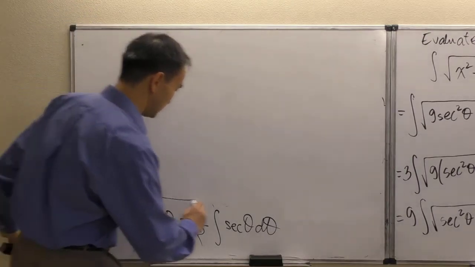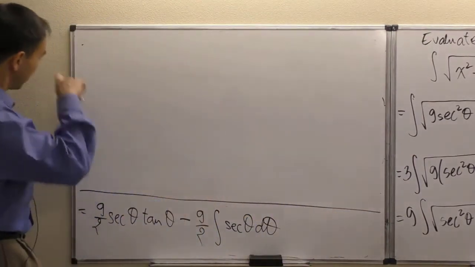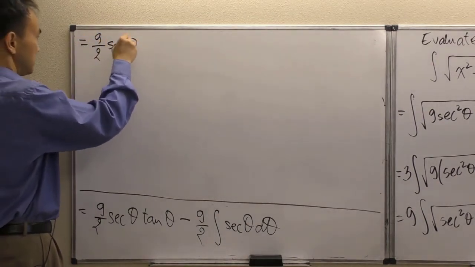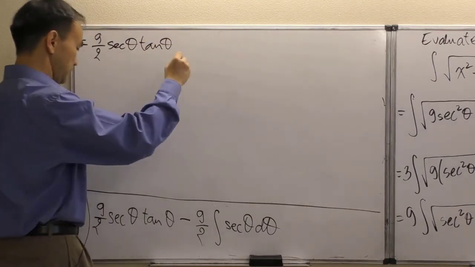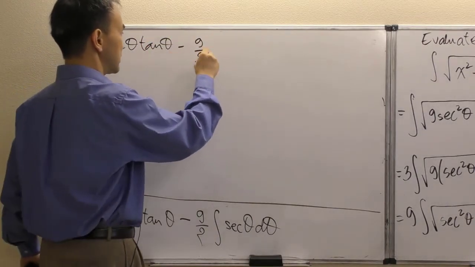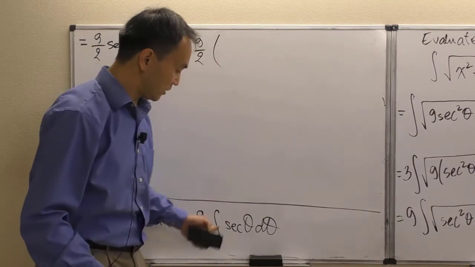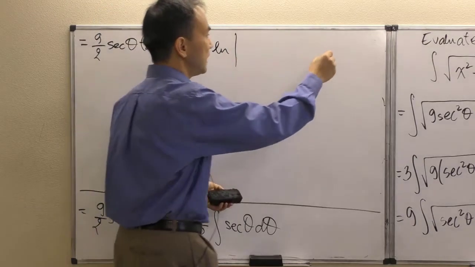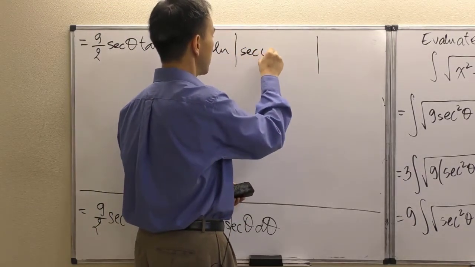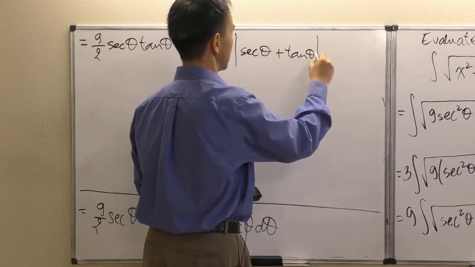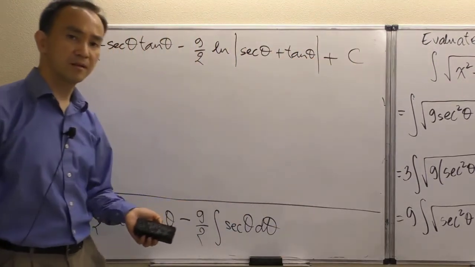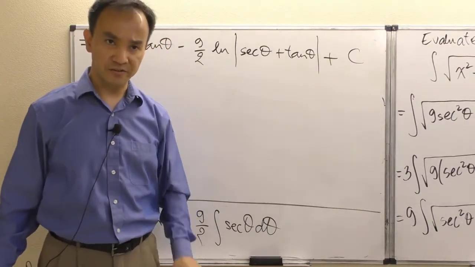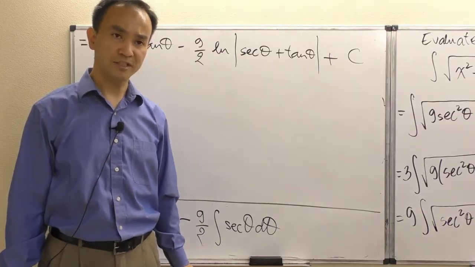In my next step, I'm going to have 9/2 secant theta tangent theta, minus 9/2 times the antiderivative of secant theta, which is the logarithm in absolute value of secant theta plus tangent theta, plus c. As far as getting the indefinite integral problem done, we are done.